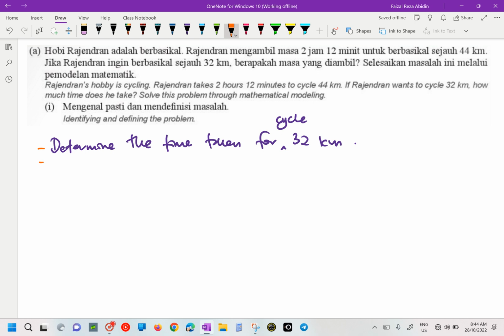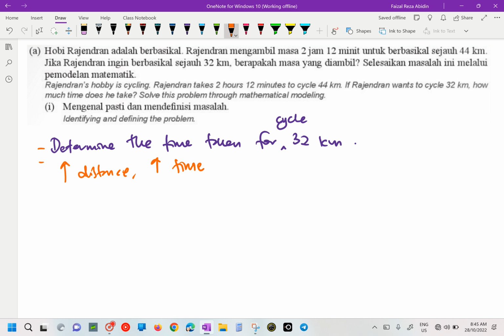So, we can say that the further the distance, the more time, isn't it? Time taken also is going to be higher.